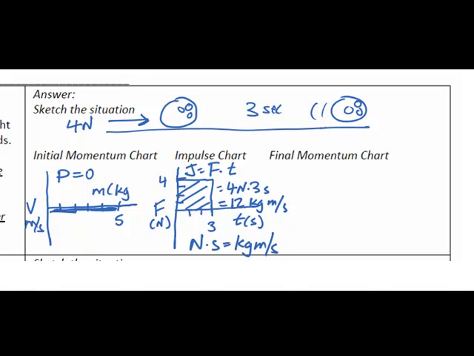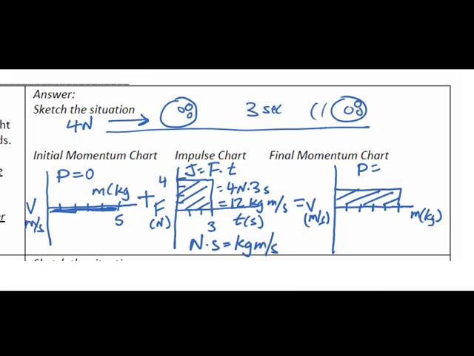So our initial momentum plus our change in momentum caused by impulse is going to be equal to our final momentum. Let's trace that out. We know that our object still has 5 kilograms of mass, 1, 2, 3, 4, 5, and the area of our rectangle here will be the momentum, which is equal to our initial momentum 0 plus our change in momentum due to the impulse, 12 kilogram meters per second.